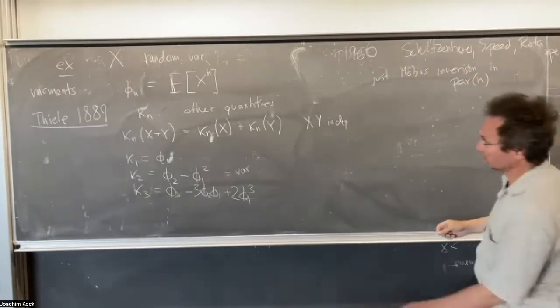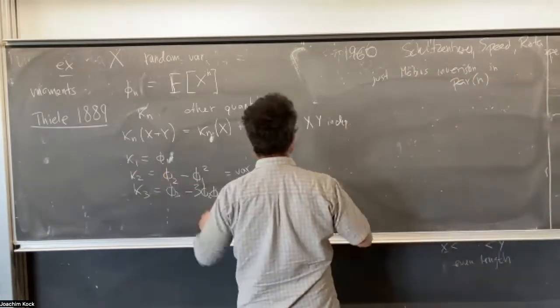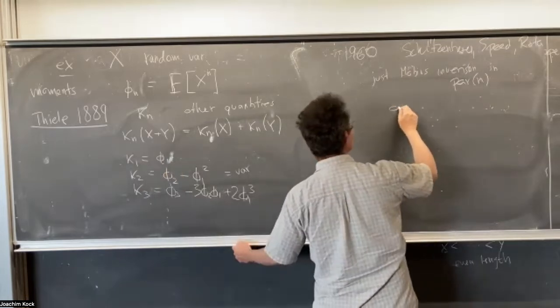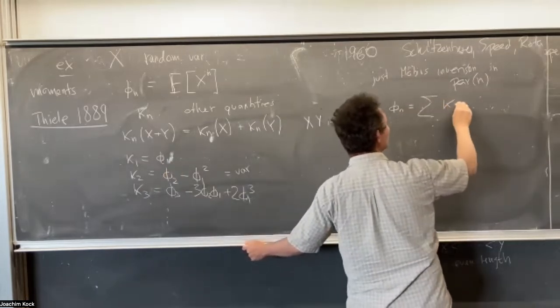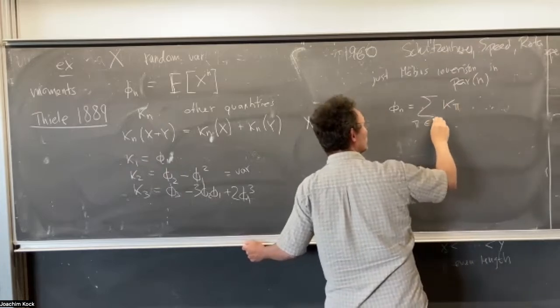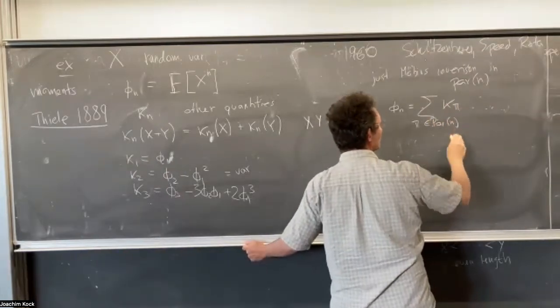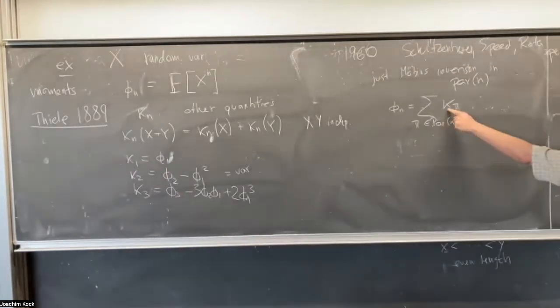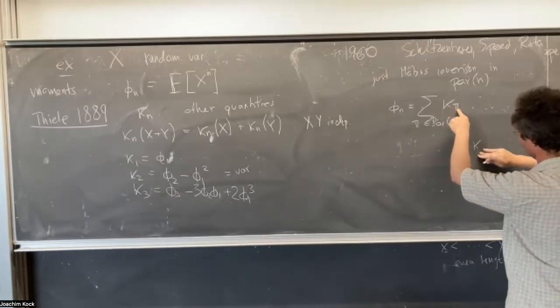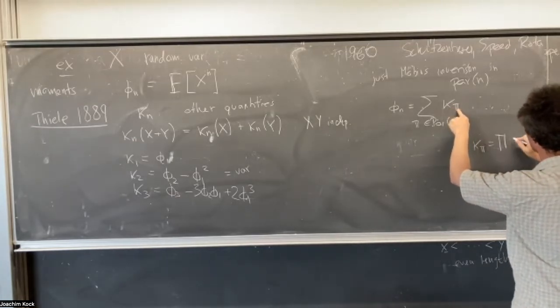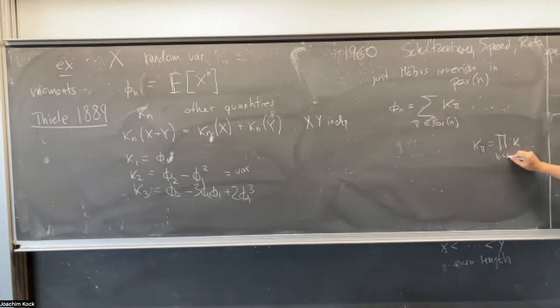So how does it work? Well, you can write down what phi n is in terms of cumulants by summing over all partitions. And here when I write cumulant indexed by a partition, that's just the product of all the cumulants of the blocks.